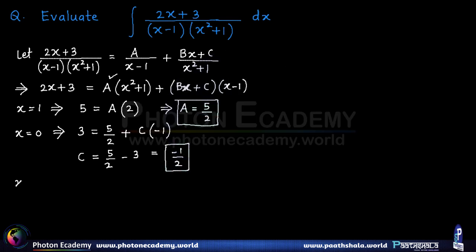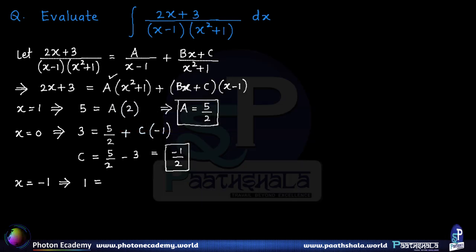And now as we have seen, to get B we can put any other value we want. So let's put minus 1 because that is easy from a calculation point of view. On the left hand side we have minus 2 plus 3, that is 1, equal to minus 1 square plus 1, that is 2A.